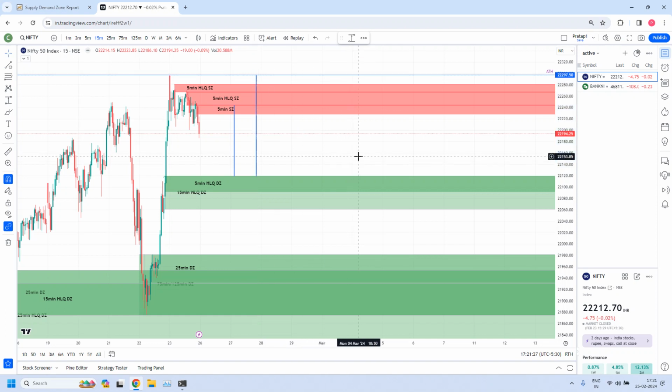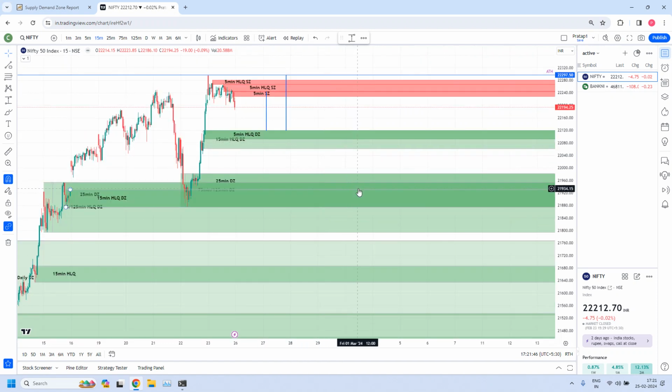Probably, if the supply zones are holding the prices, the next 2 to 3 days, since 15 minutes is short term, that is for DIT trades, right? Next 2 to 3 days, this could be the range, if this 15 minutes high liquidity is holding.